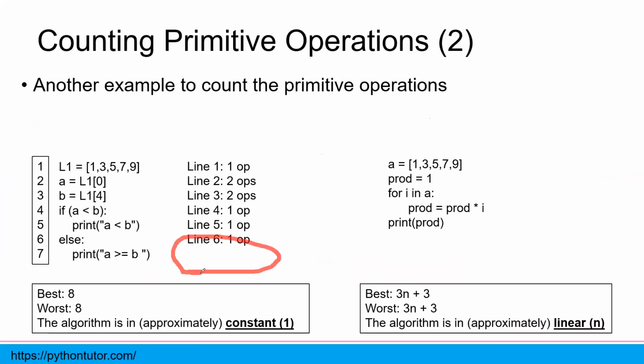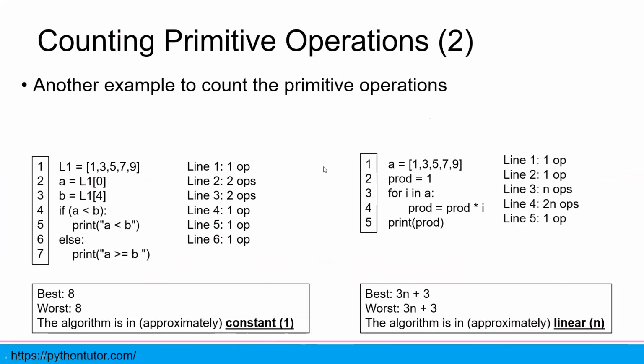Actually, whether you include it or not doesn't matter, because at the end, we know that it is constant. We care only about the AND operation. One operation, we don't care, because it is constant.